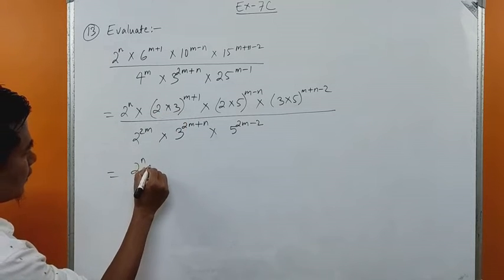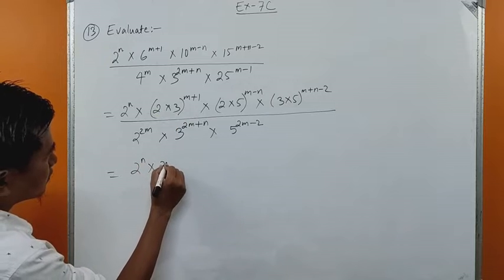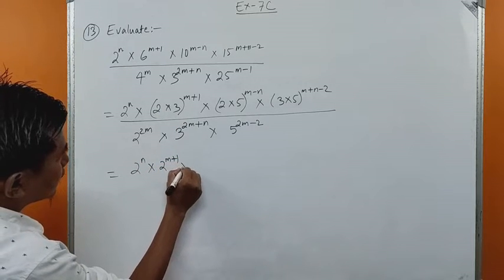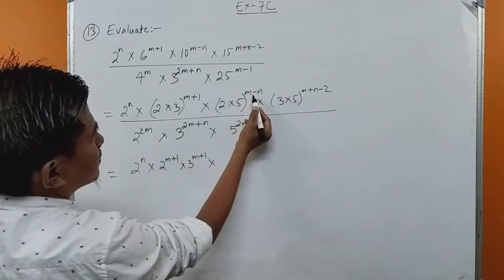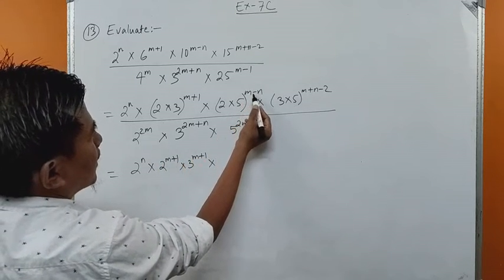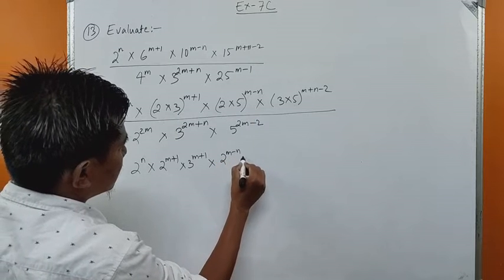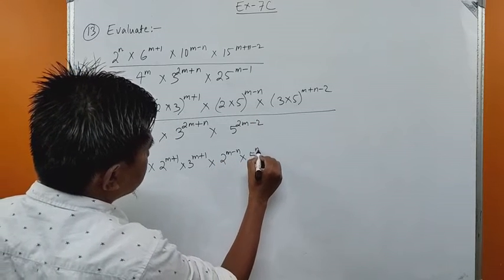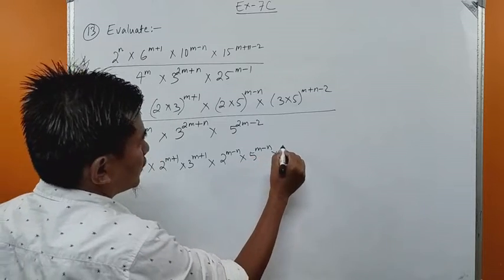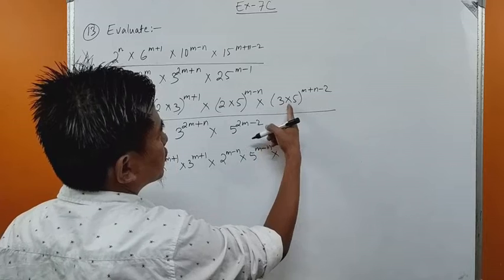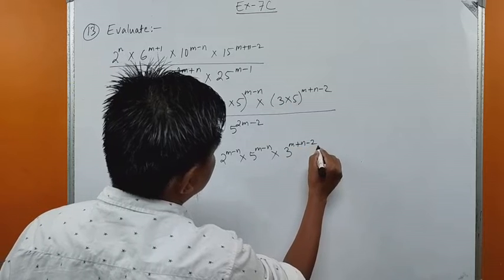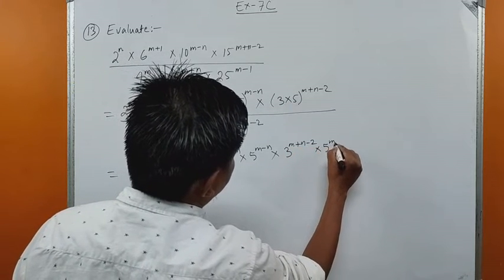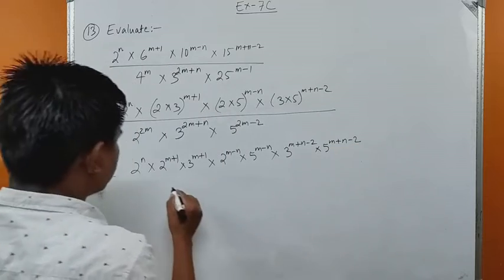So 2 to the power n into 2 to the power m plus 1 into 3 to the power m plus 1, into 2 to the power m minus n into 5 to the power m minus n, into 3 to the power m plus n minus 2 into 5 to the power m plus n minus 2.